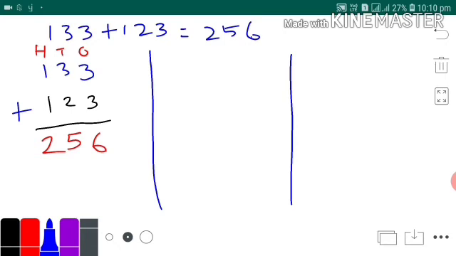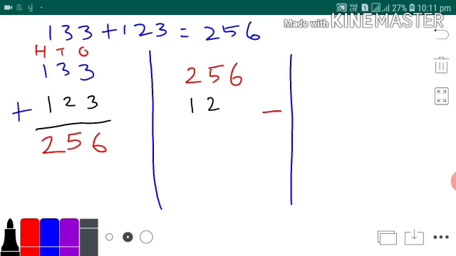Now what is the relation? Here 133 and 123 are called the addends and 256 is the sum. Now if I subtract any one addend from the sum, see here I am writing 256. I am going to subtract the addend 123. So let's see what I am getting.